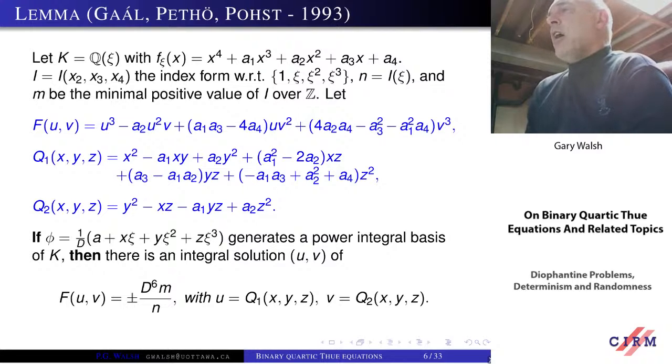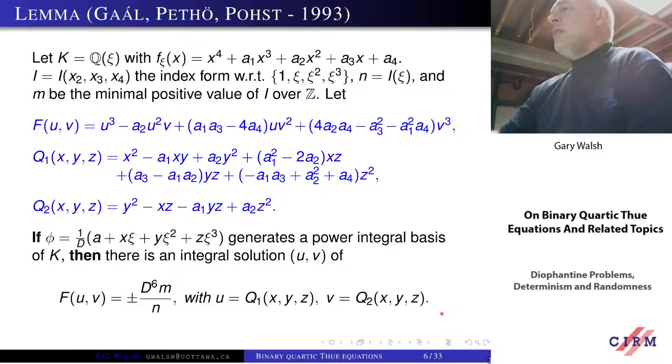So here phi will generate a power integral basis. If it does, then there is an integral solution u, v of F of u, v equal to plus or minus the denominator of phi to the power 6 times little m times little n, where u and v are given explicitly by the polynomials Q sub 1 and Q sub 2.